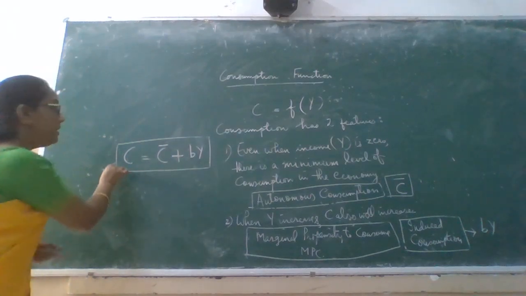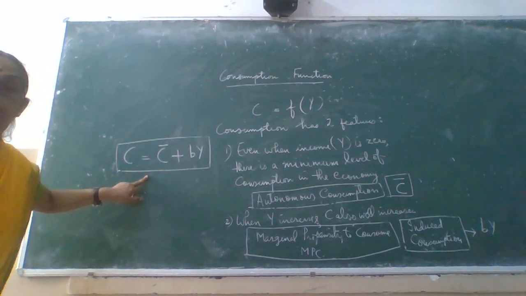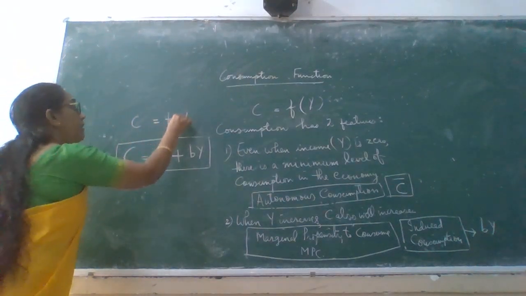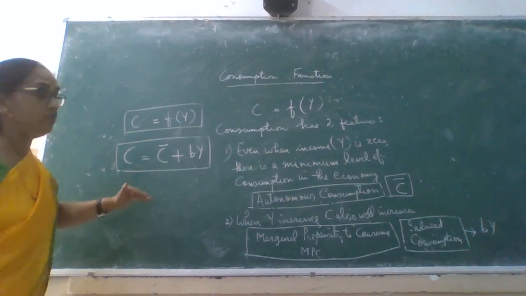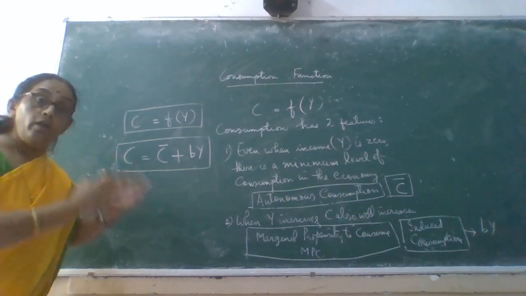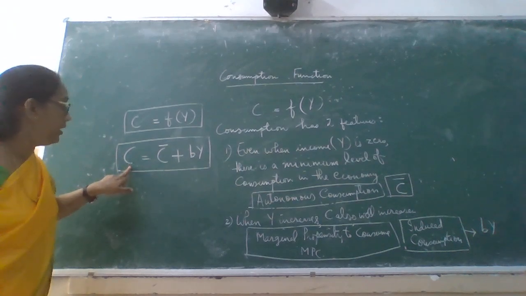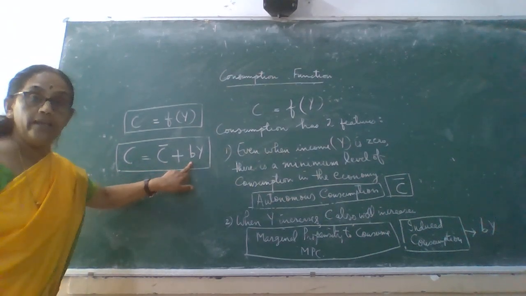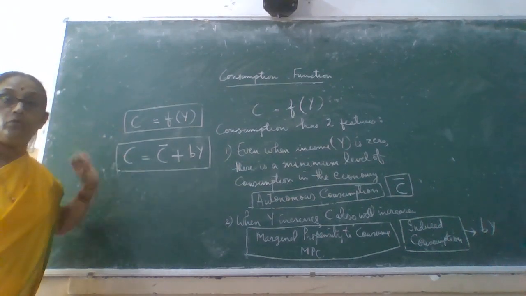This is the second equation of consumption function. The first equation is C equal to F of Y. This is one equation, and the elaborated, very broad equation of consumption function is C equal to C bar, autonomous consumption, plus BY, induced consumption. So these two formulas you have to remember.